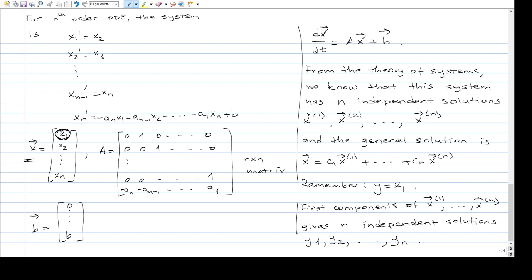So once we find vector solutions of the system, to find solutions of our ordinary differential equation, we just take the first components of each solution.